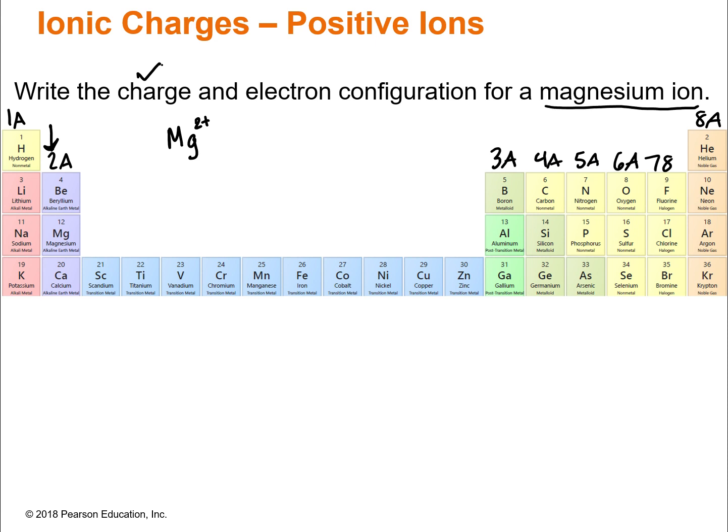But now we need to talk about the electron configuration. To do that, I'm going to first write the configuration for the neutral atom. We'd fill the 1s, the 2s, the 2p, and then we'd fill the 3s, and then we're done.